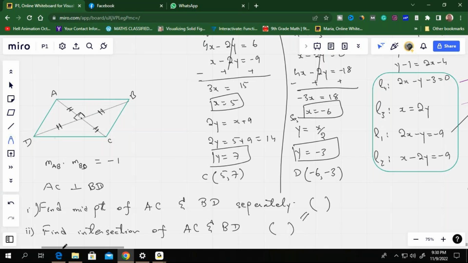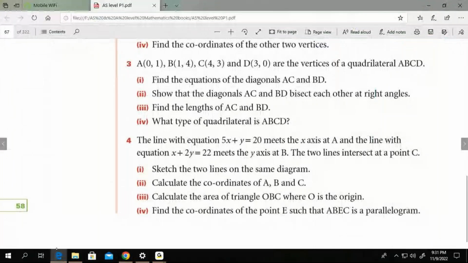Clear? So this is something that you need to do. Find the equations, get the slopes, show their product equals -1, then find out the midpoints of both these lines, then find out the intersection of these two equations, see that the midpoint and the point of intersection are equal, then you will say that yes, these two diagonals bisect each other at 90 degrees. I hope it's clear.